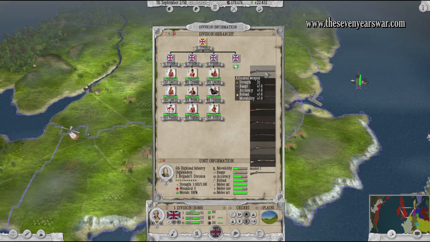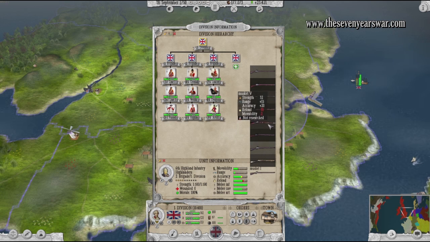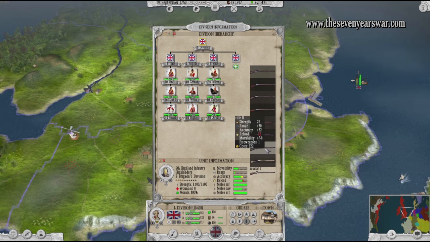If you click at it, you can see the current weapon and other available weapons which have been researched, so we may upgrade it to Rifle 2 and 3.